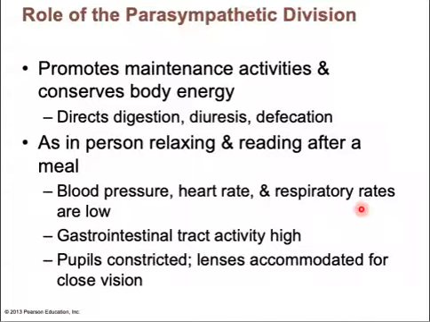Effects on internal organs include a reduction in blood pressure and heart rate and respiratory rate. GI activity increases, so peristalsis speeds up, and secretion into the digestive system accelerates. Your pupils constrict, and your lenses in your eyes accommodate for close vision. Okay, and this is the system that's on most of the time in normal life.